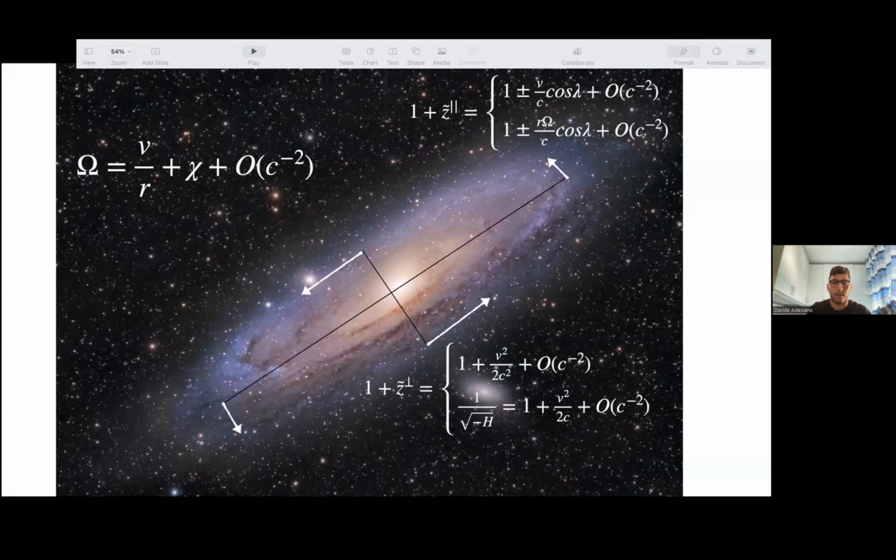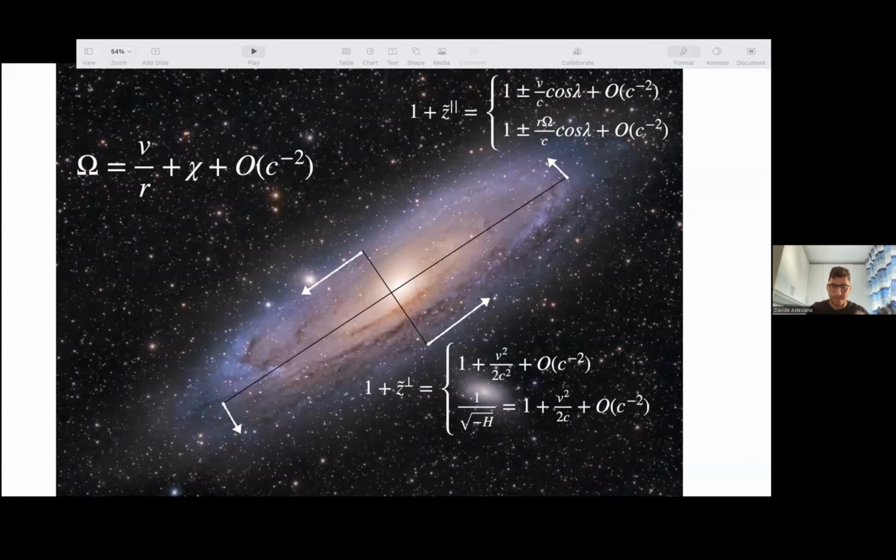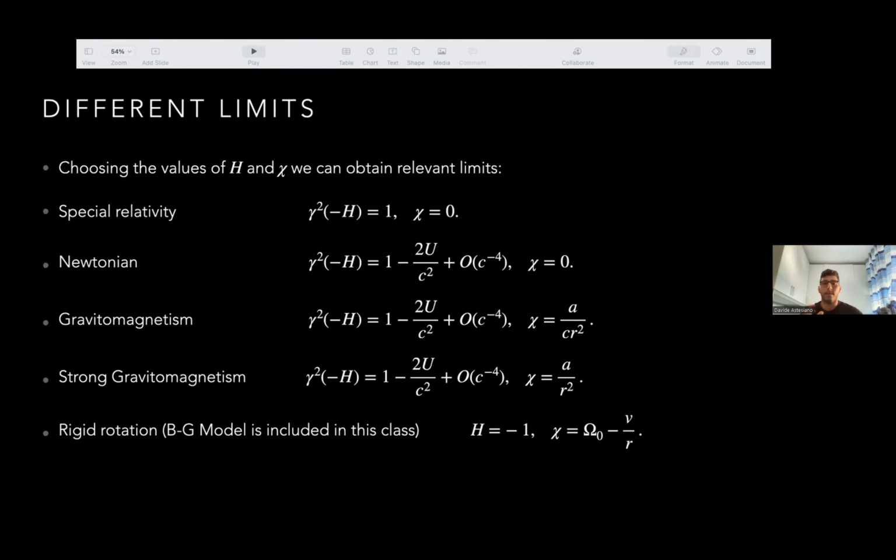Okay, since Federico Re already talked about this, let's go forward to different limits. We consider the general model, and if you choose h and k, we can obtain different relevant limits. For example, for special relativity, you have to fix h and k in this way. For the Newtonian case, we have other choices.